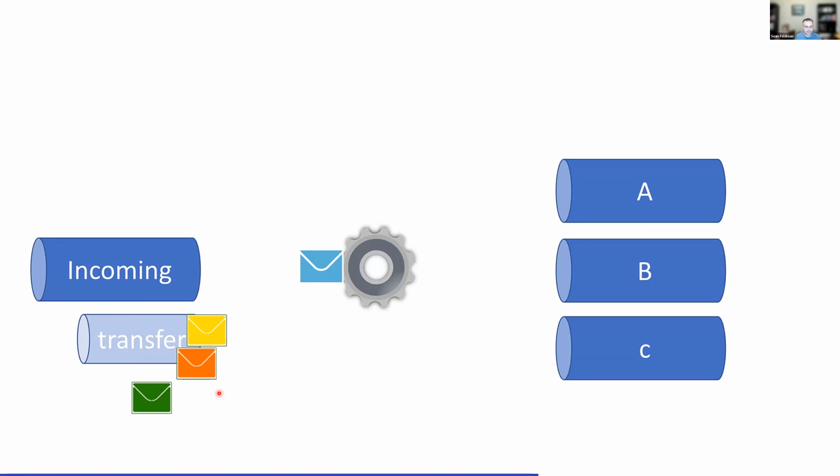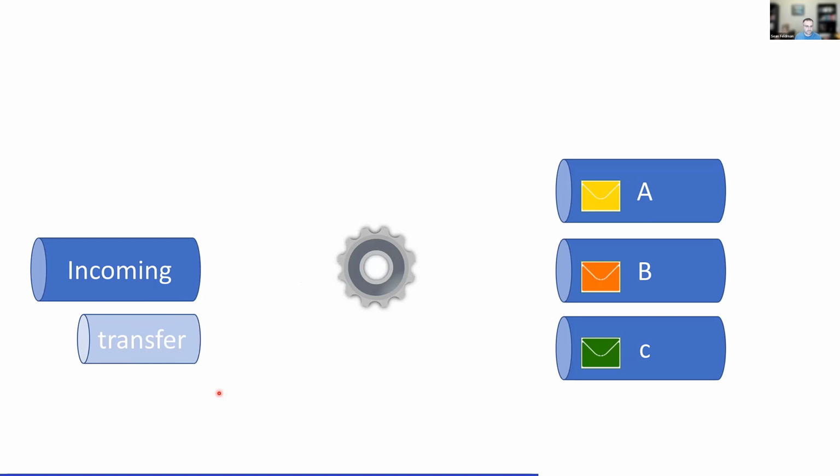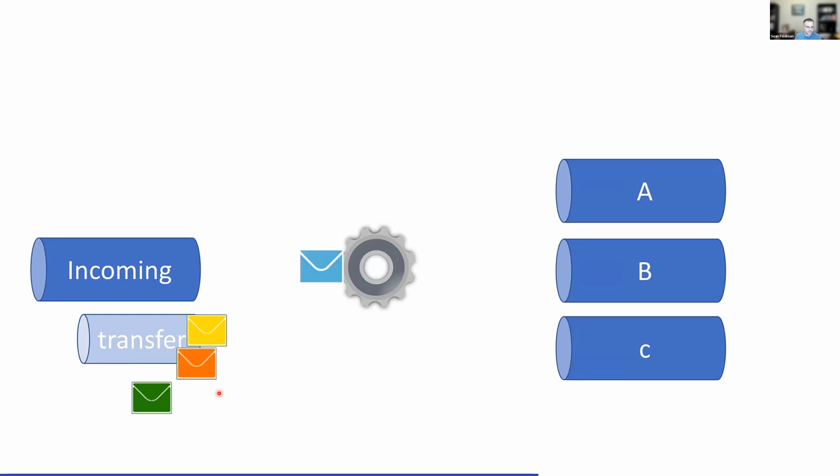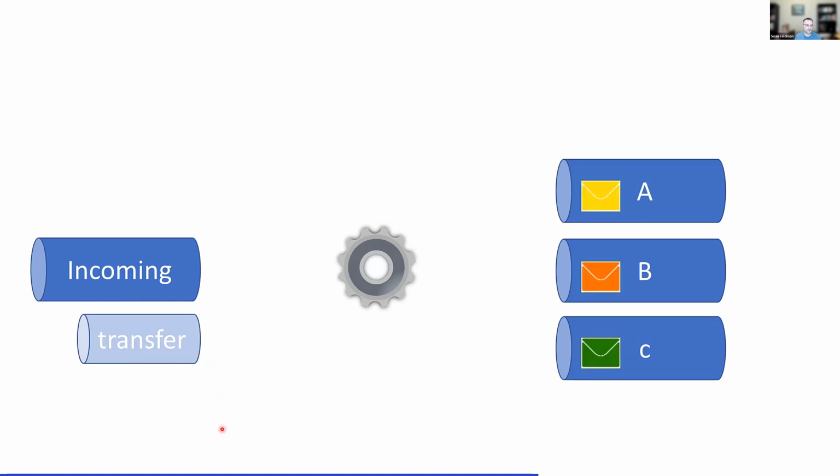When the transaction is completed, what you will see, and this was too quick, I'll repeat it again, is that the incoming message will disappear and all the outgoing messages will appear on the destination queues. And that's why it's called cross-entity transaction, or transactional send and receive, right?